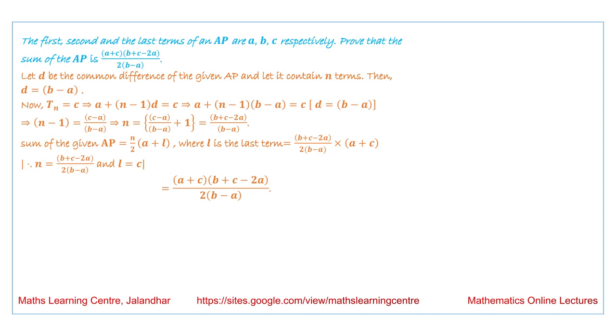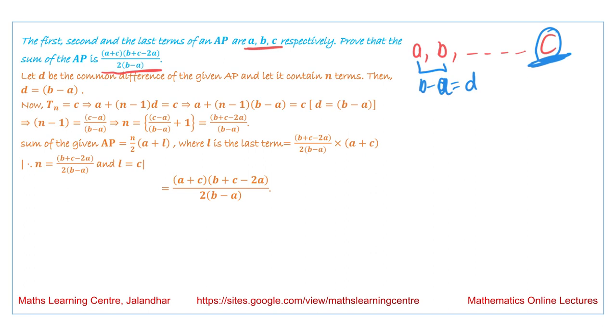Next, the first, second and last terms of an AP are A, B, C respectively. We have to prove that the sum of this AP is this. So what is given to us is that the AP is A, B, and so on up to C. So the common difference is B minus A, which is equal to D. Now we want to calculate the value of n.